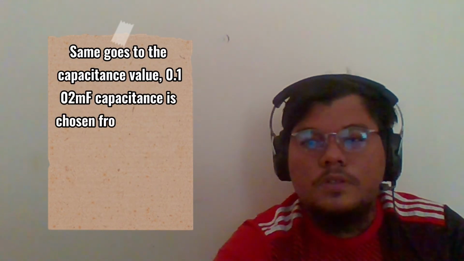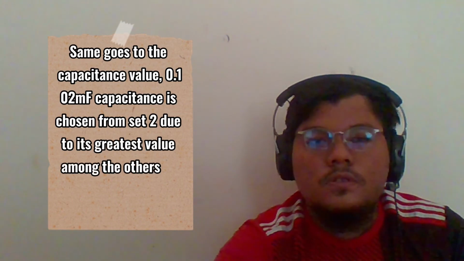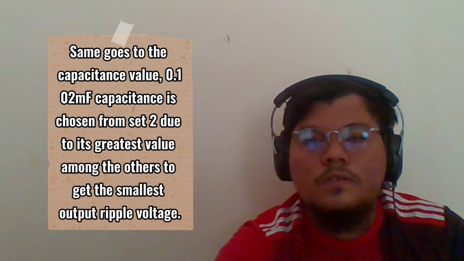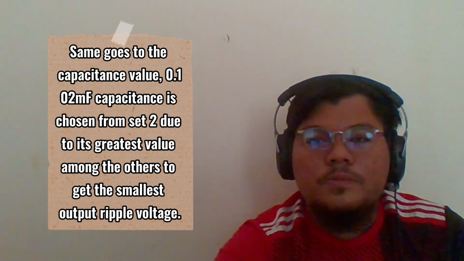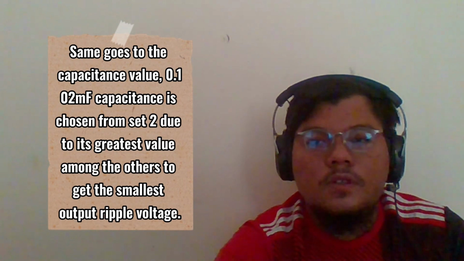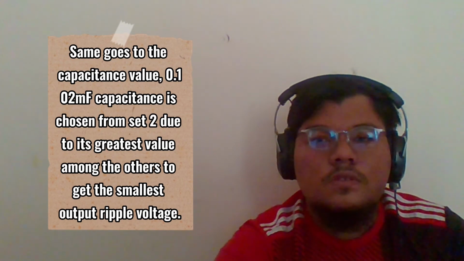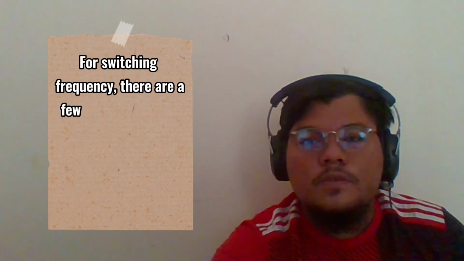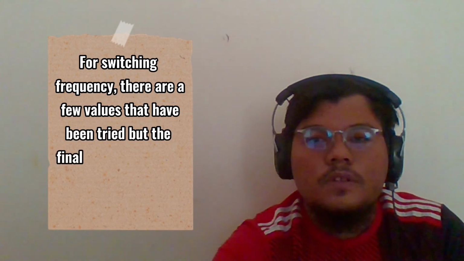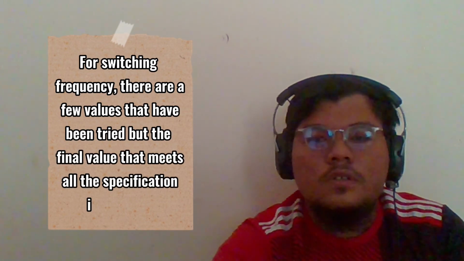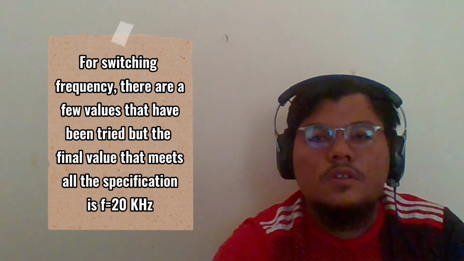Same goes for the capacitance value: 0.102 millifarad is chosen from set 2 due to its greatest value among the others, to get the smallest output ripple voltage. For switching frequency, a few values have been tried, but the final value that meets all the specifications is 20 kHz.